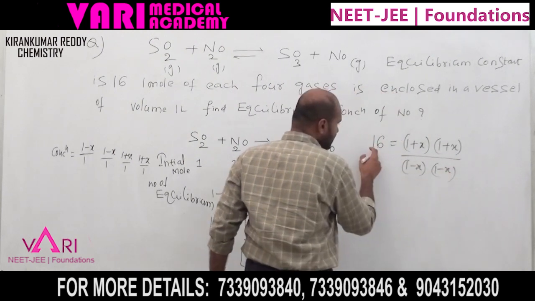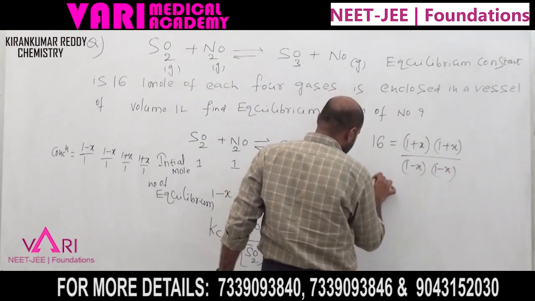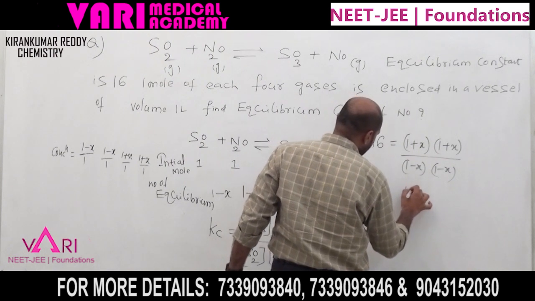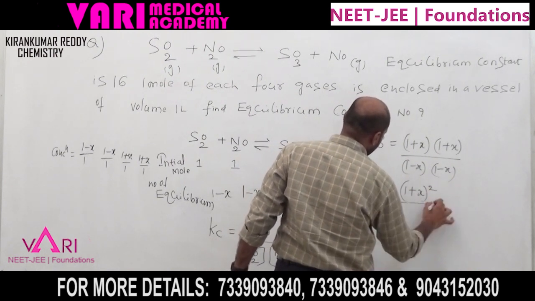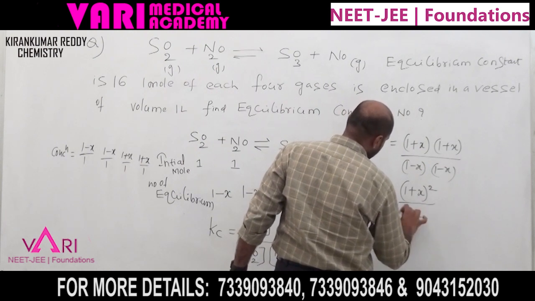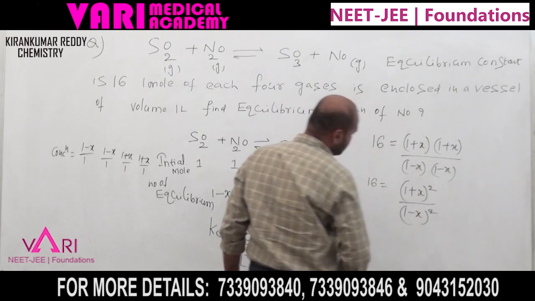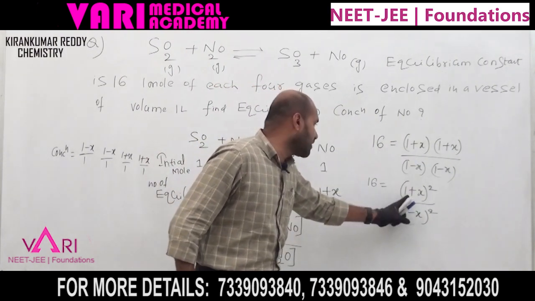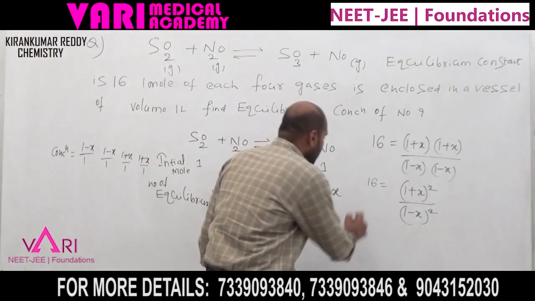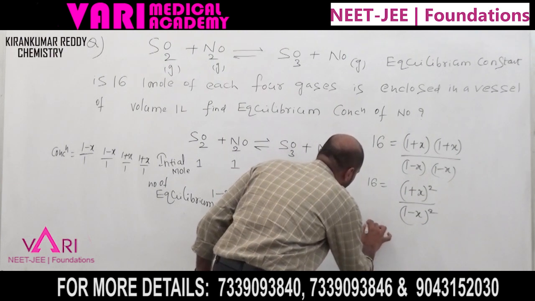Now we write 16 equals 1 plus x whole square by 1 minus x whole square. Understand? Now 16 I write as 4 square.